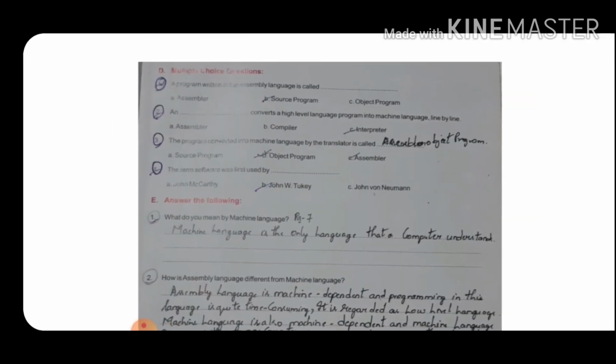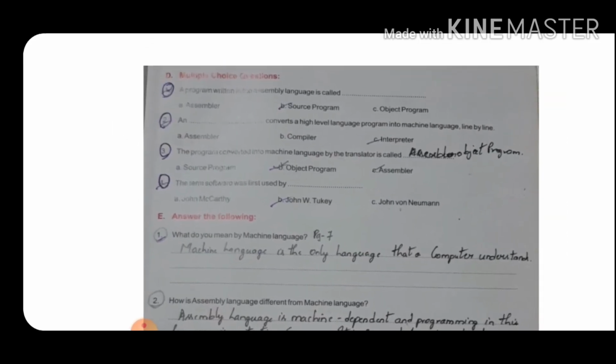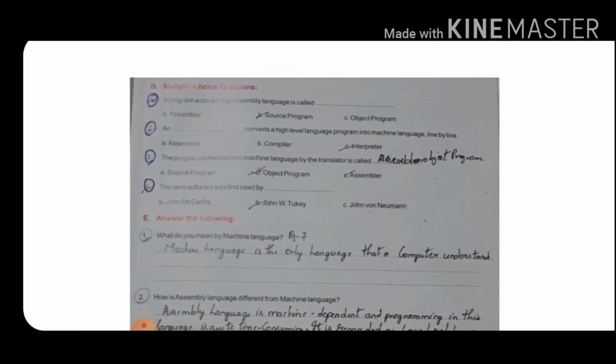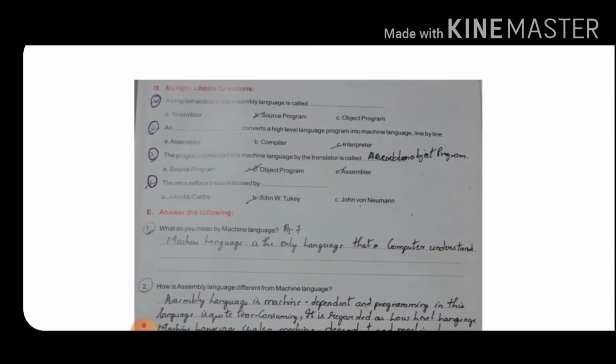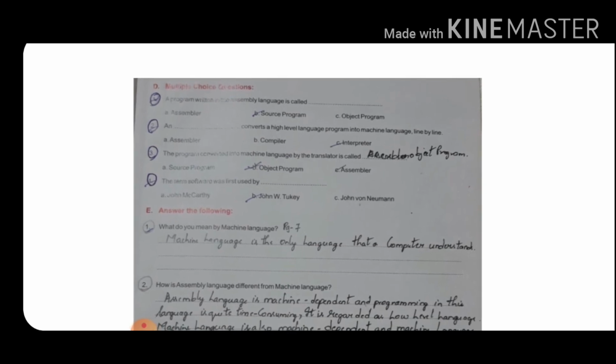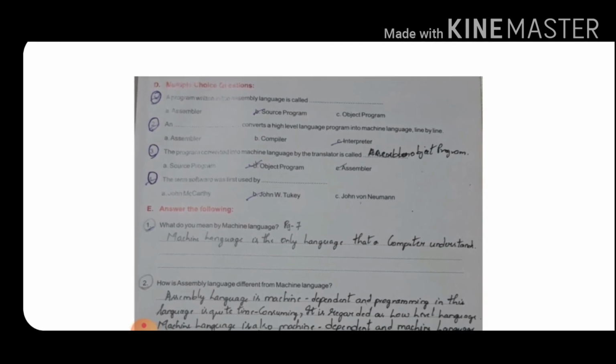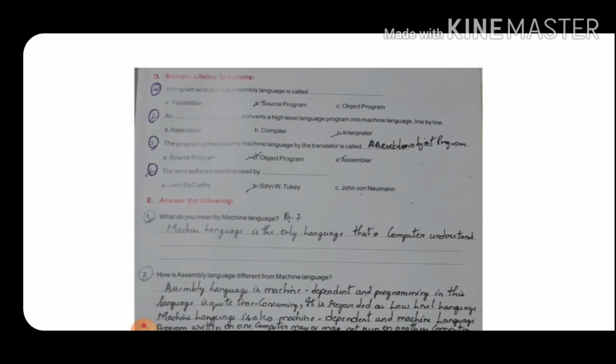Next, match the following. A program written in assembly language is called what? Source program. And dash converts a high level language program into machine language. We know which translator it is, that is the interpreter.